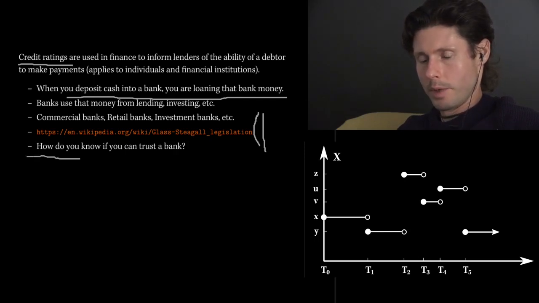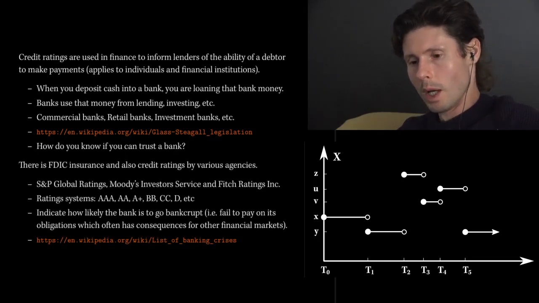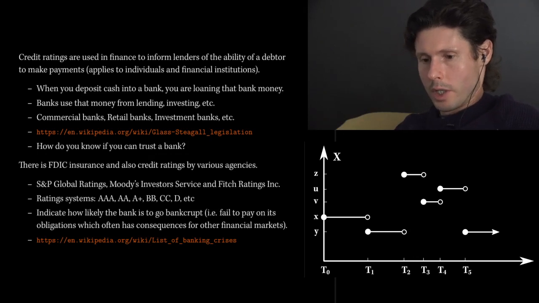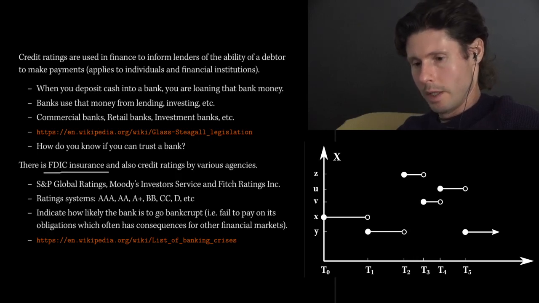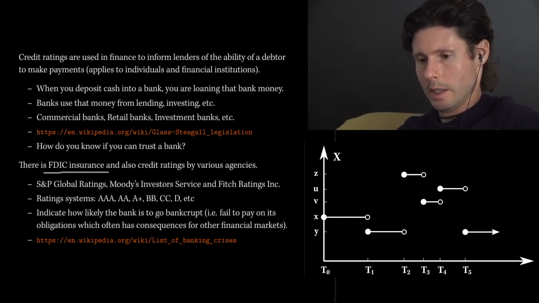But for our purpose, we care about the question of how do you know if you can trust a bank. So there is such a thing as FDIC insurance. So if your bank is FDIC insured and the bank goes bust, the government steps in and reimburses the depositors' money. But on a more day-to-day basis, there are credit ratings by which one can judge how financially stable or worthy every bank is.